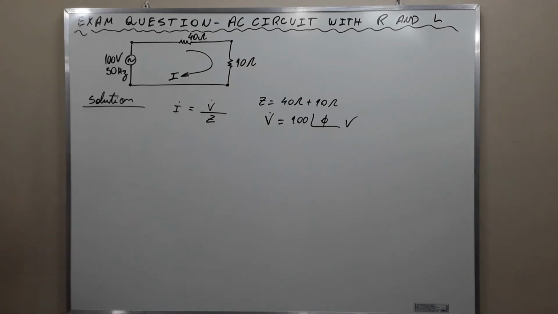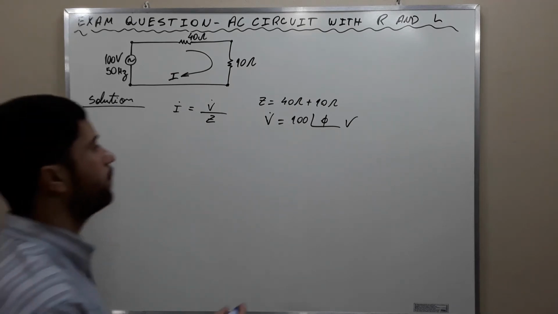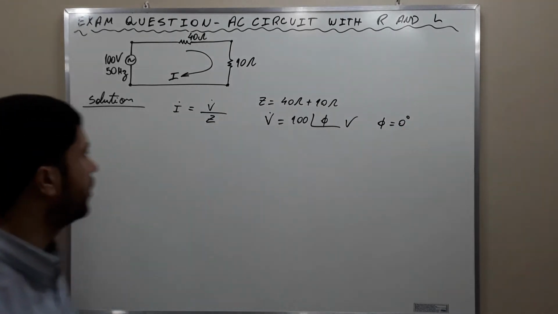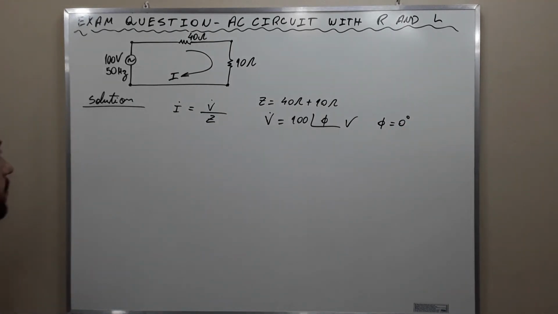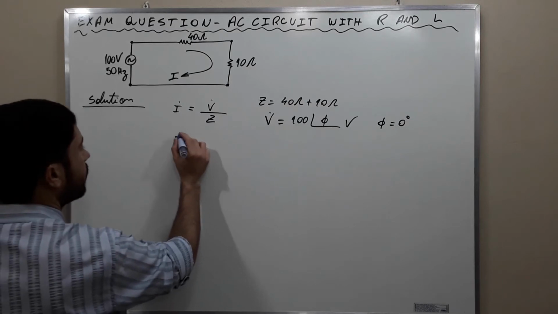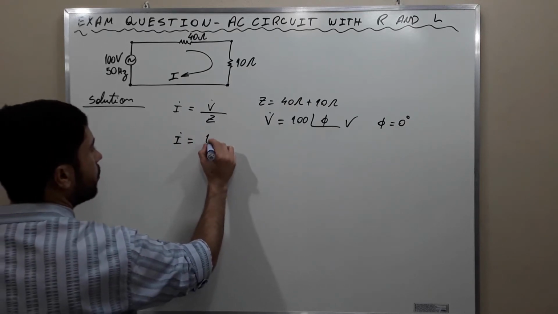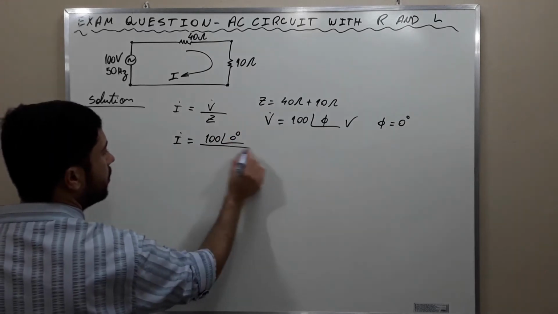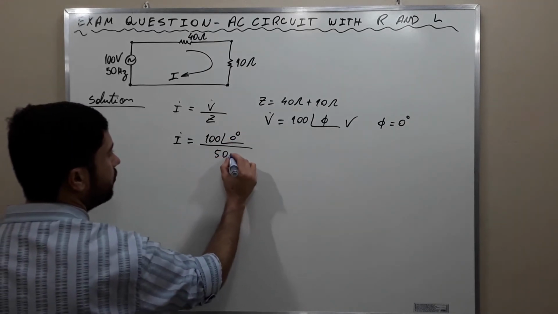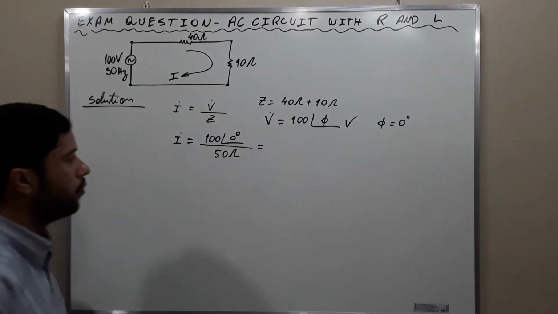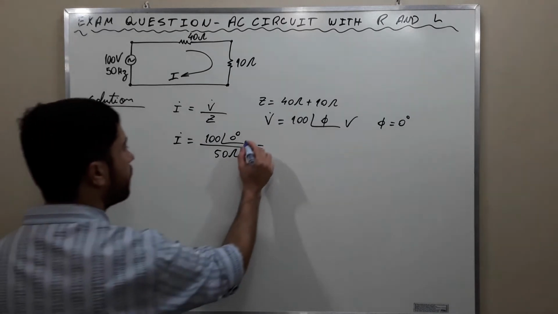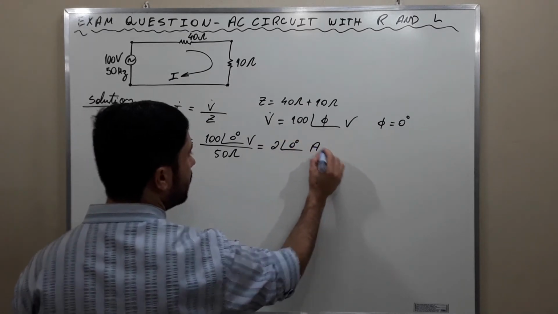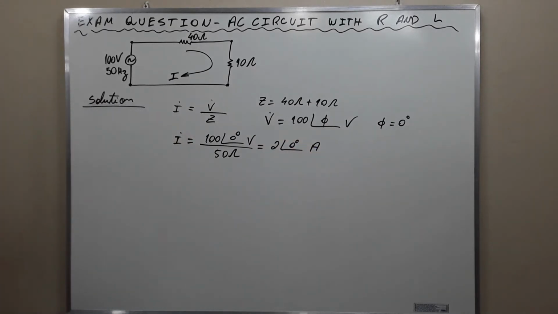Here we're going to consider phi to be equal to 0 degrees. Then the current is going to be 100 phase 0 degrees divided by 50 ohms, which is equal to 2 phase 0 degrees amps.